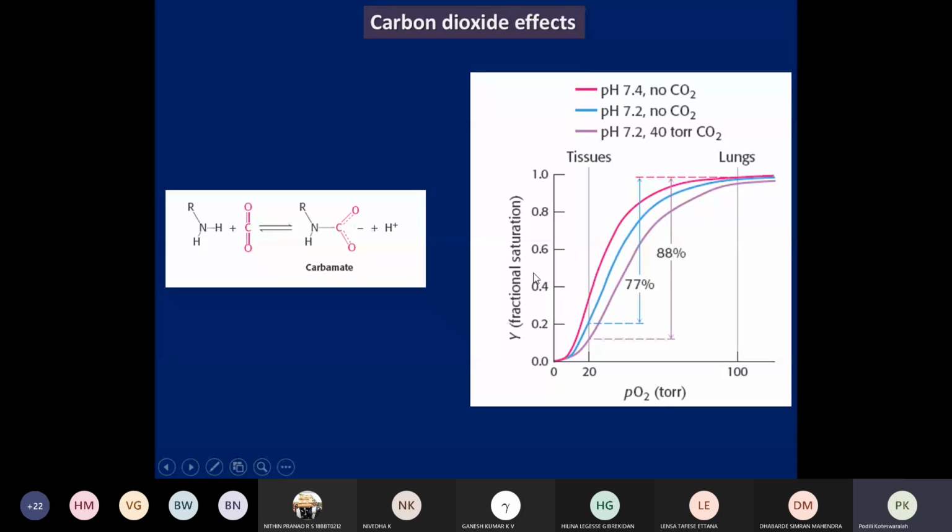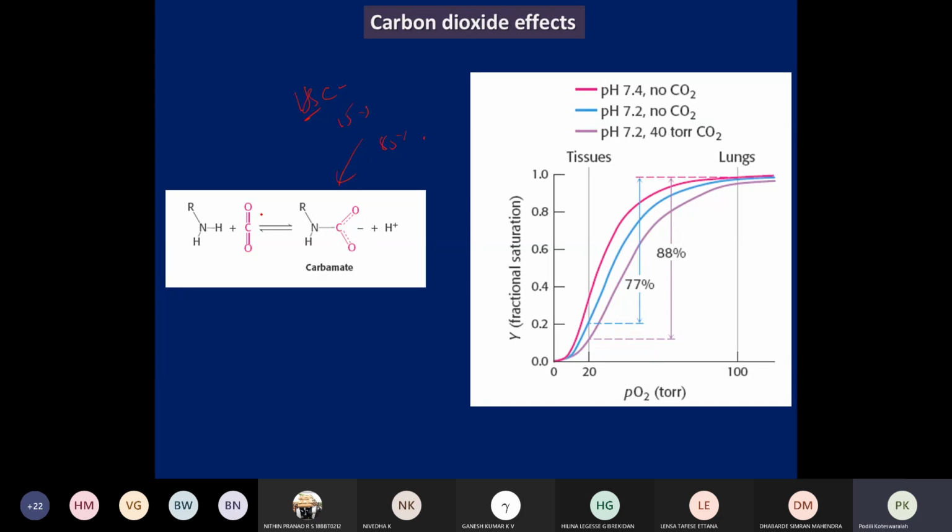Coming to the carbon dioxide, one point I forgot to mention: when hemoglobin is carrying carbon dioxide, 15% of the carbon dioxide is transported in the form of carbamate. Only the remaining 85% is transported in the form of bicarbonate.